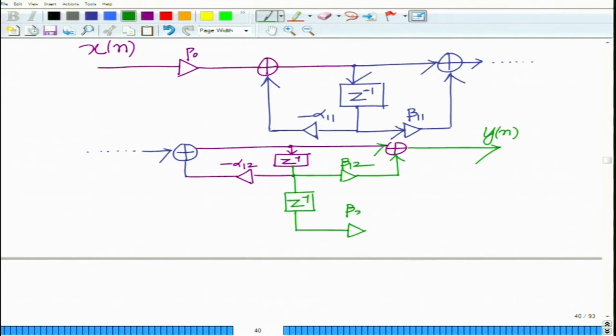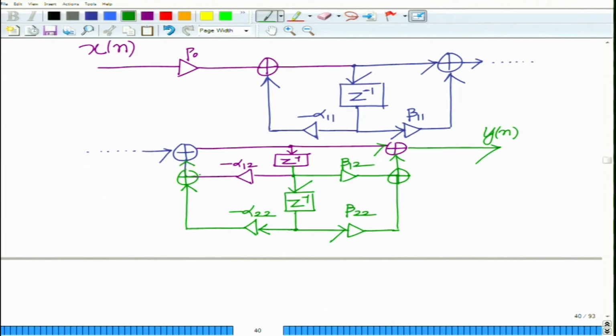This is beta 2 2, and this is minus alpha 2 2, and of course here you have adders.